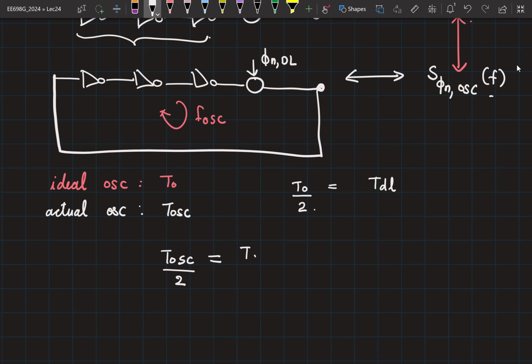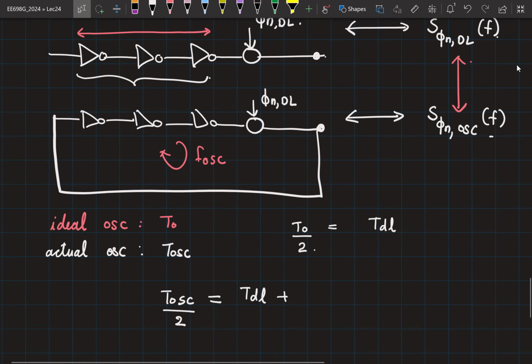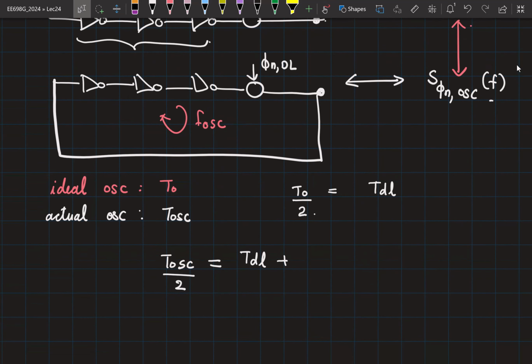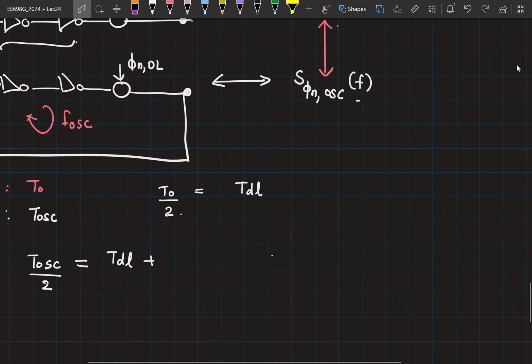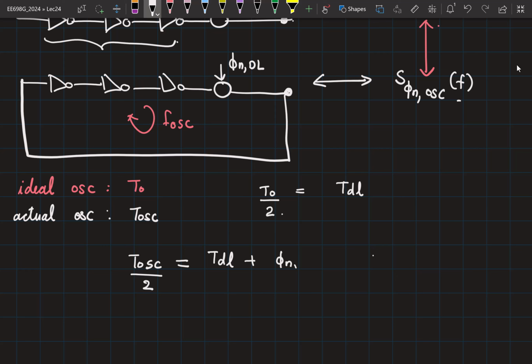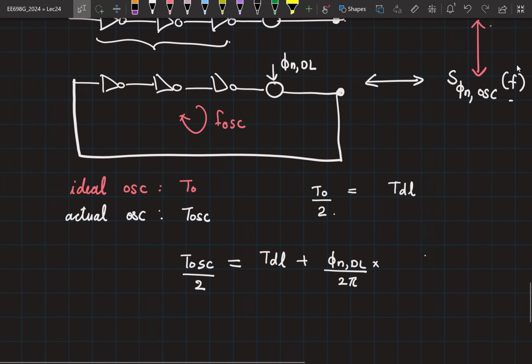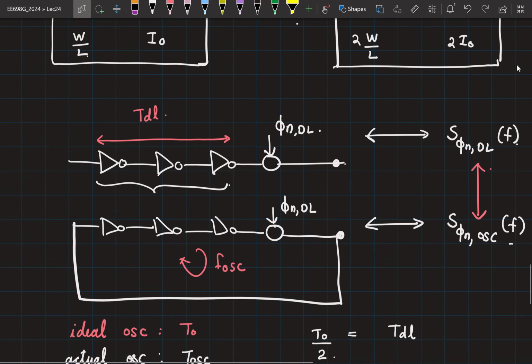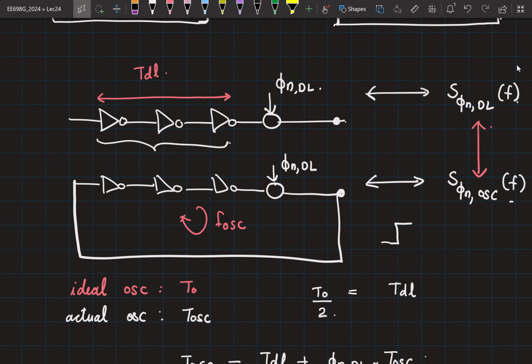So this will be equal to TDL plus, convert this into time, so this phi n of dl by 2 pi into T oscillation. Is this expression clear to you? Please ask if it's not. So earlier, from the ring, you are going to get an output like this.